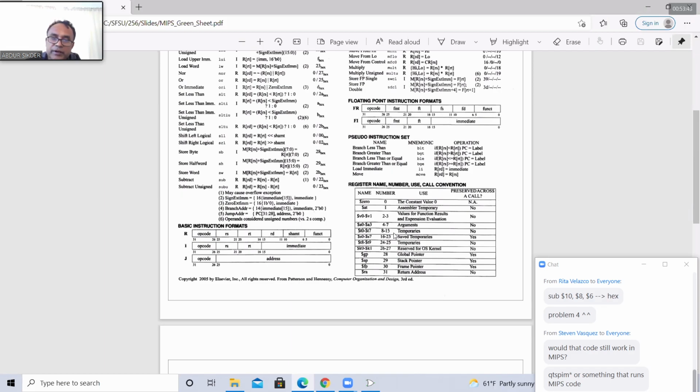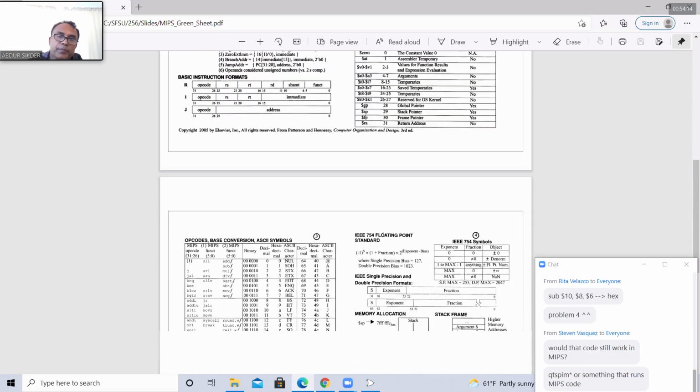For the format, follow the general basic format, R and I. But for the actual instruction, when you get set less than unsigned, SLTU, you have to follow RD first and then RS and RT. So get familiar with this table and that table.